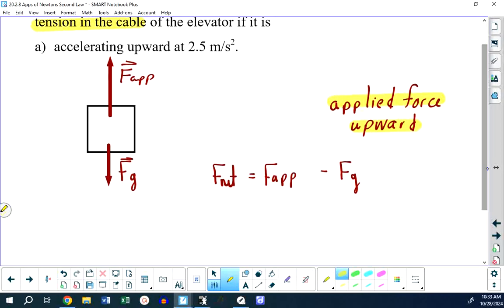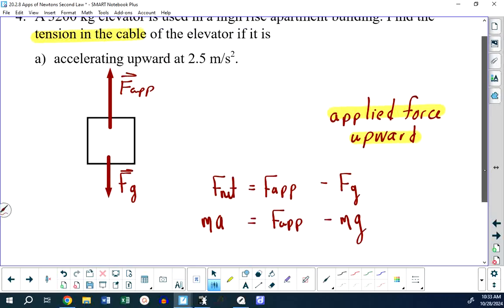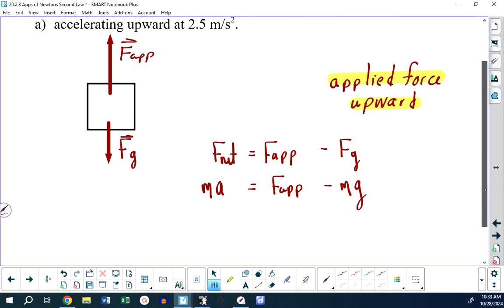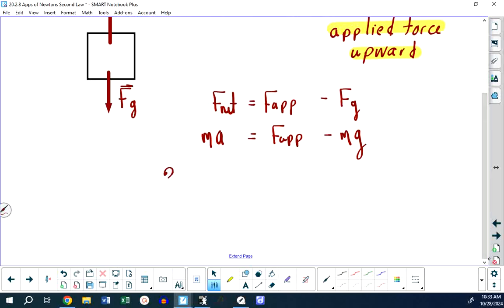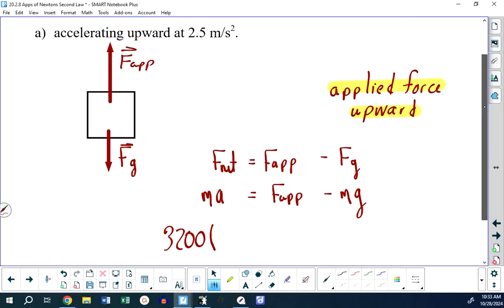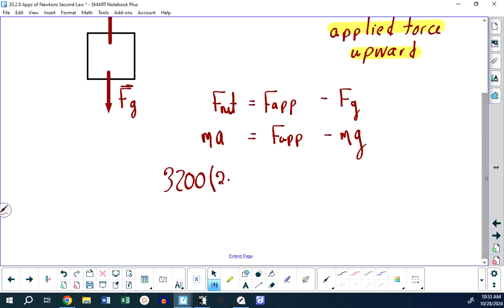This is MA equals the applied force minus mg. What was the mass? 3,200 kilograms. So this will be 3,200 kilograms. Just for kicks, let's leave the units out for this one.